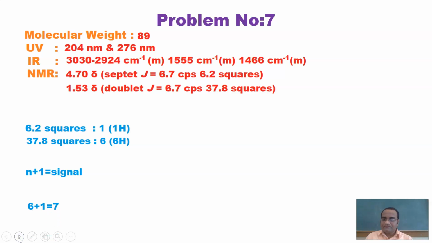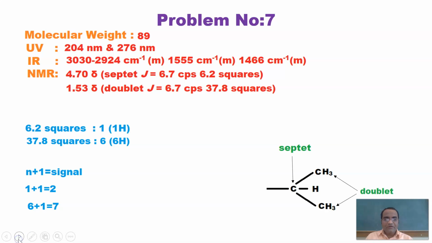Septet means that the adjacent has a total of 6 hydrogens, so I have written 6 hydrogens. And doublet means the adjacent should have only 1 hydrogen, so I have written H over here. Now this signal fits with these NMR delta values.